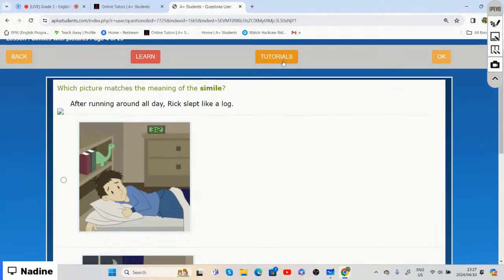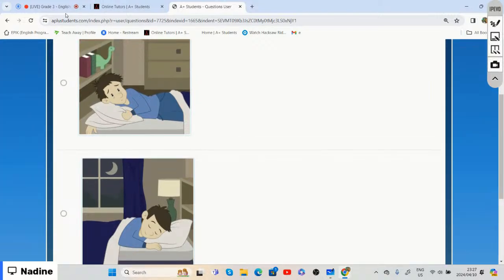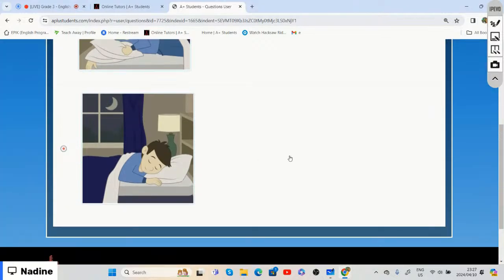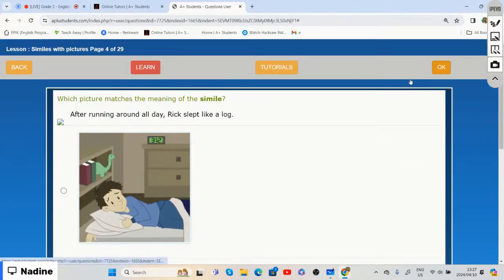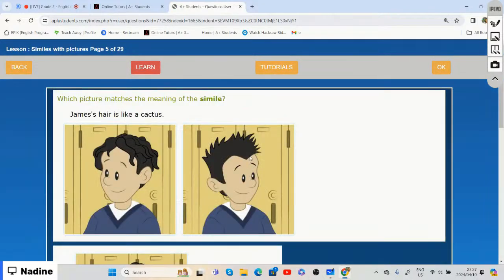And we said that when it comes to a log, if you see a log in the middle of the road, it's going to be difficult for you to remove it, right? So if somebody sleeps like a log, it means that they sleep while nobody disturbs them. They sleep right through, a peaceful sleep. So we're going to go with the second option, and the second one is correct. Nobody bothers you, nobody picks you up.